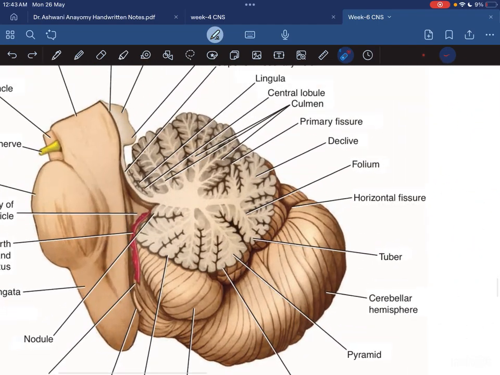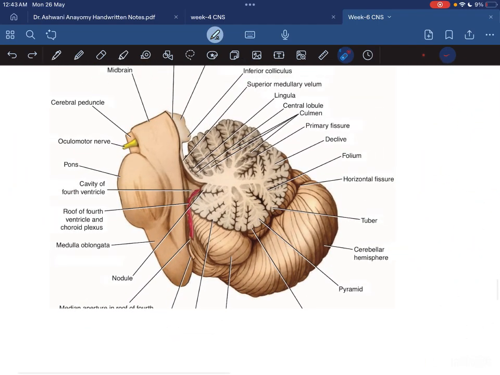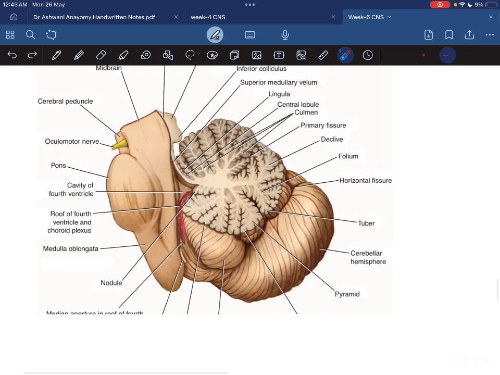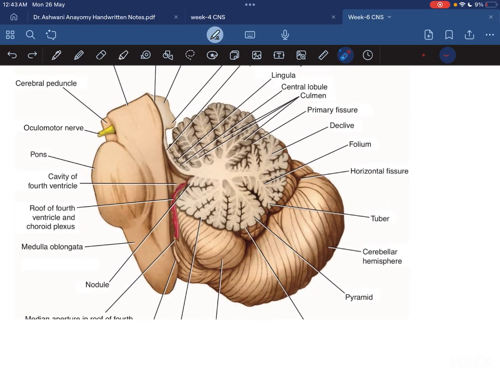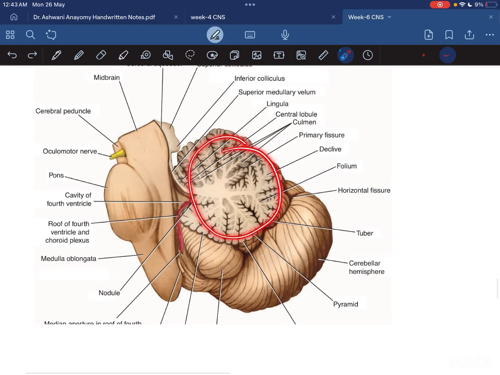Moving on to this image, this is the cavity, and this is the cerebral hemisphere. This is the choroid plexus, the roof of the fourth ventricle.